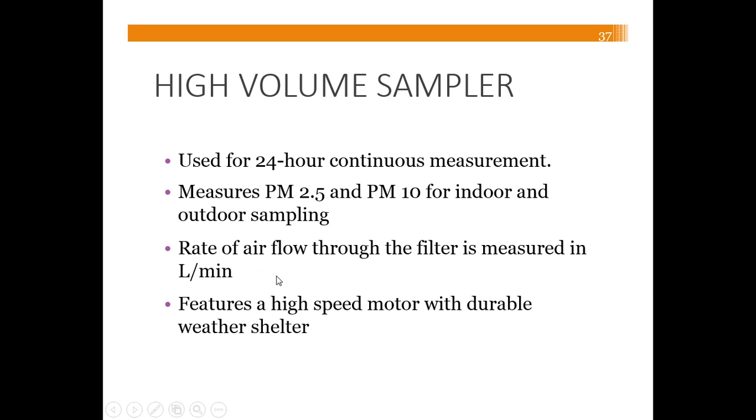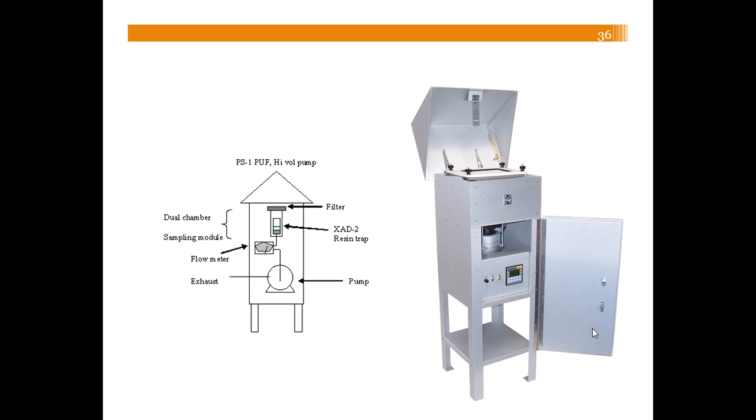Now the high volume sampler, the rate of air through the filter is measured in liters per minute. So this is how it is measured, and it features a high-speed motor with durable weather shelter. So let's see what this looks like. This is essentially what the equipment looks like. This is the shelter, so everything is properly housed inside of here.